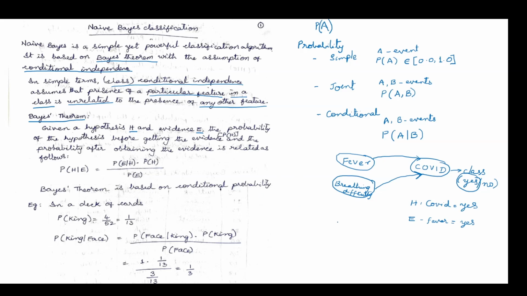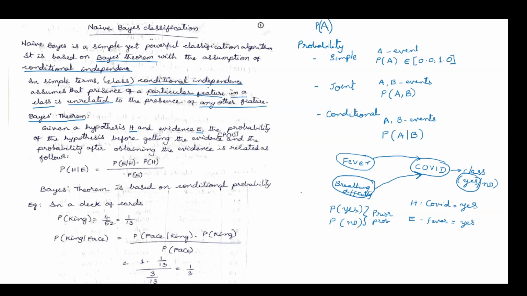So, the presence or absence of COVID, P of COVID equal to yes or P of COVID equal to no, are termed as prior probabilities. These probabilities are known by the domain expert beforehand, before studying the features of the incoming patient.